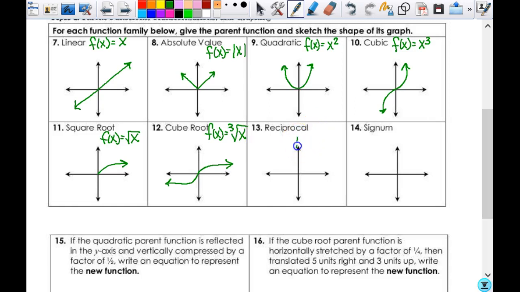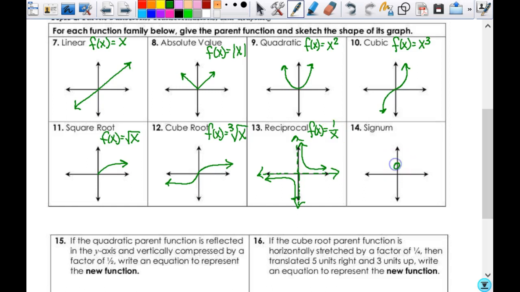Reciprocal, so I have asymptotes here on the axes, and then it looks like this, and that is f of x equals 1 over x. Notice that the variable's in the denominator. Some of y'all are wanting to make reciprocal functions out of things that just have fractions in them. The variable has to be in the denominator.